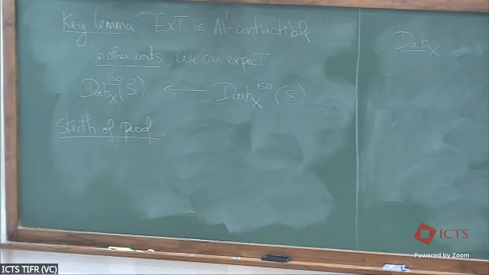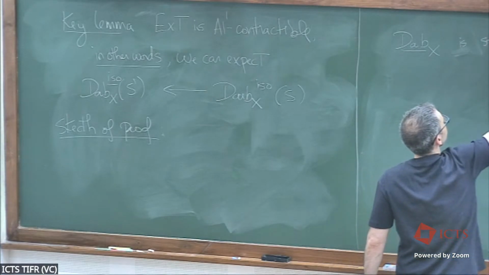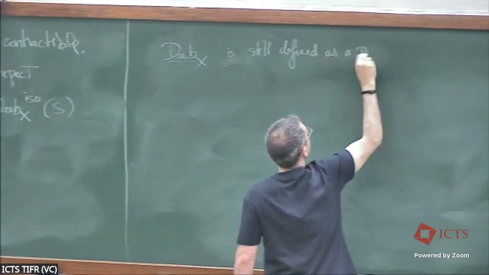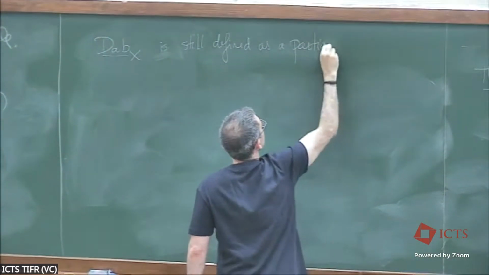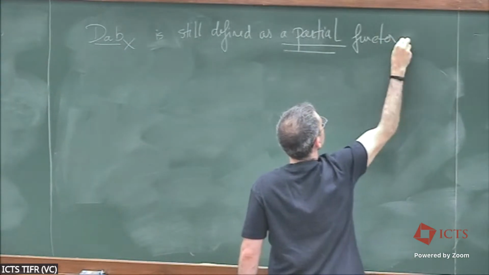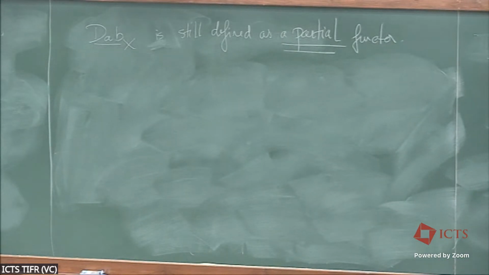So I can see this as a partial functor. By this, I mean, if I look at this functor as something fibered over the smooth side, I have Cartesian liftings for all étale maps.